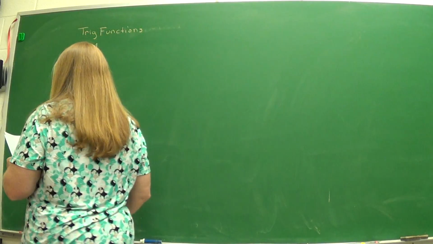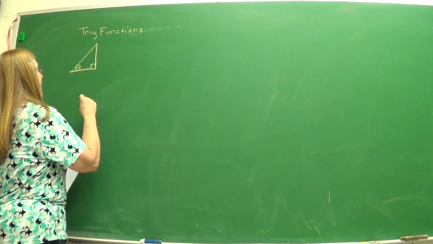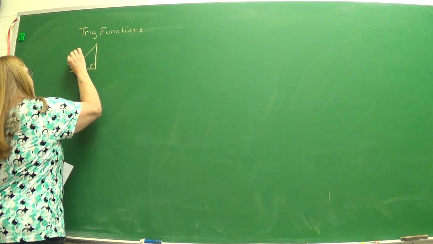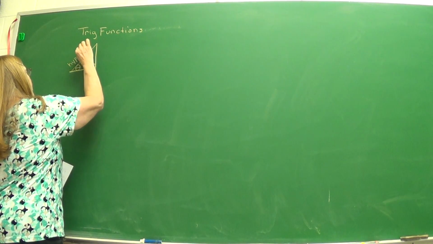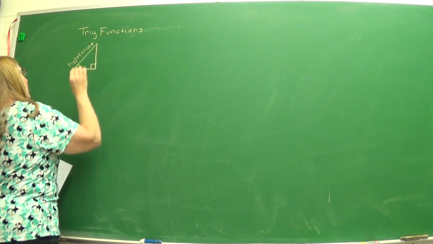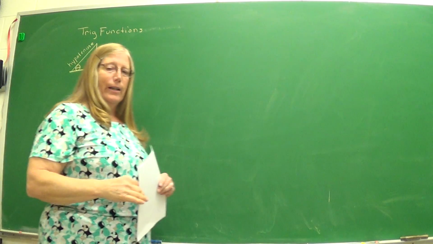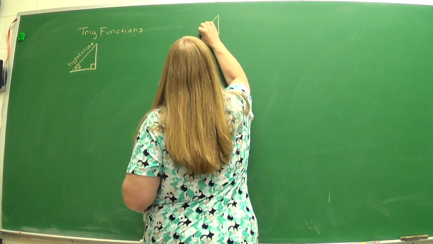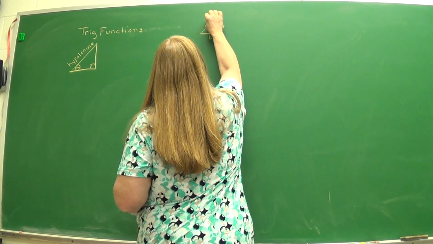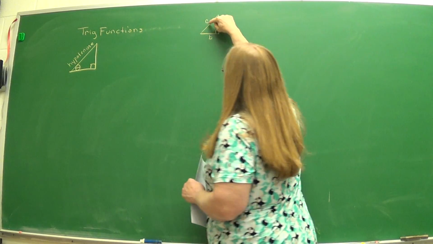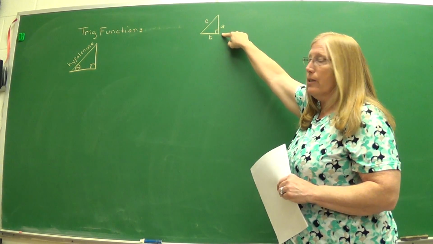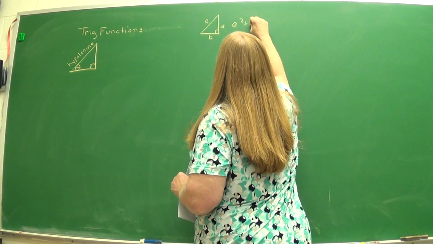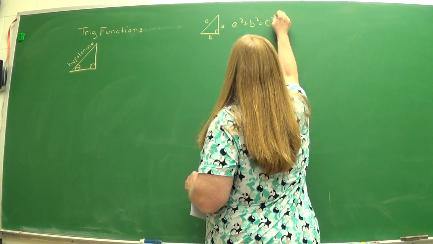Now each side of the right triangle has a name, and the one across from the right angle is the hypotenuse. And you've seen that word before. When you use the Pythagorean theorem, we have had side A and B and C, and the side C is the hypotenuse across from the right angle, and back then we saw that A squared plus B squared equals C squared.